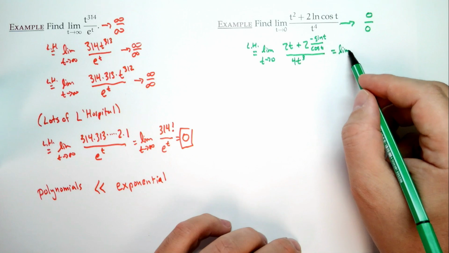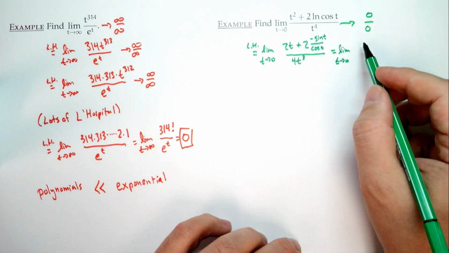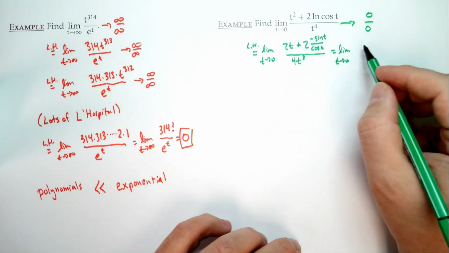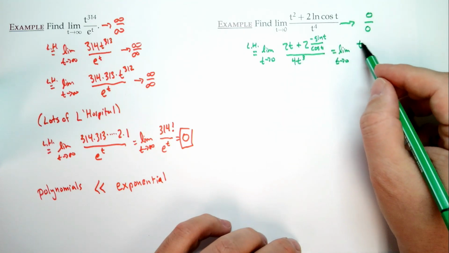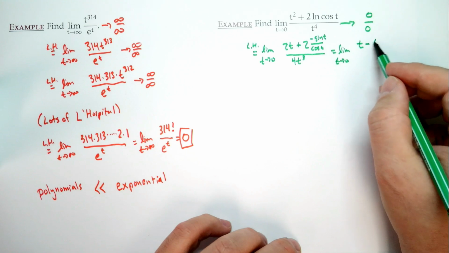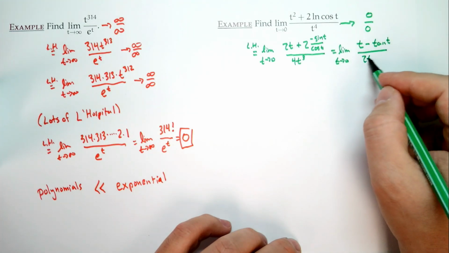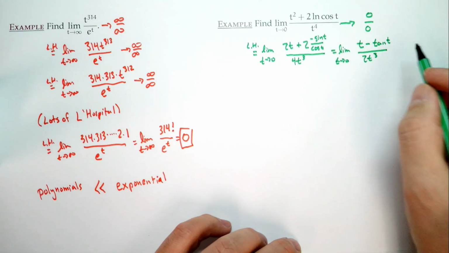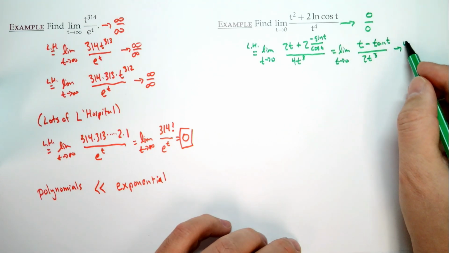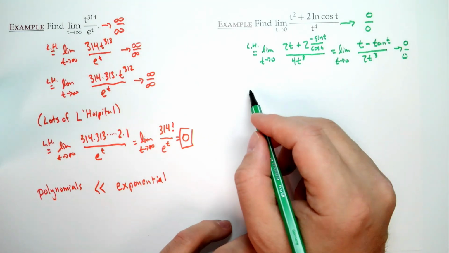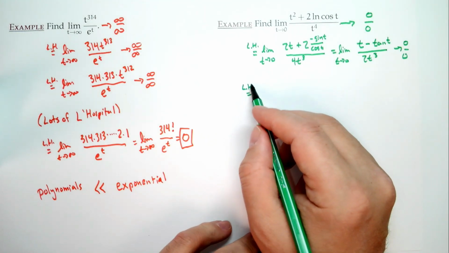So that's the limit as t goes to 0 of, well, I have a 2 and I have a 2 and I have a 4, let's go ahead and cancel it just so we keep things tidy: t minus tangent of t divided by 2t to the third. And that goes to 0 upstairs, 0 downstairs. So what do we do? We do L'Hopital.